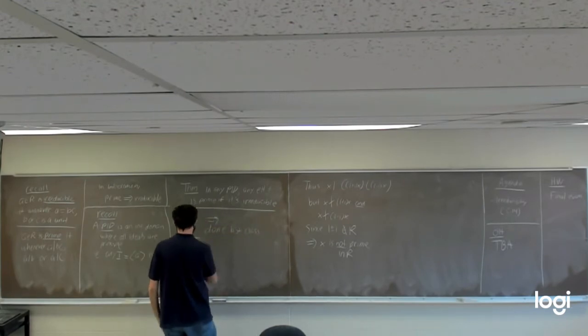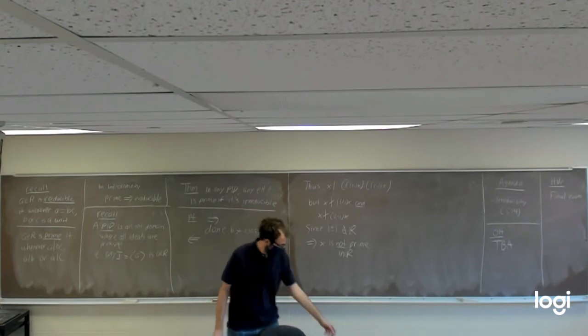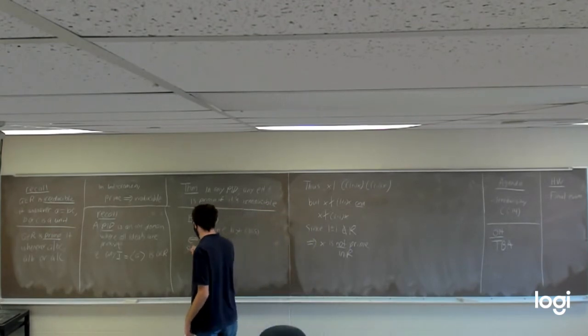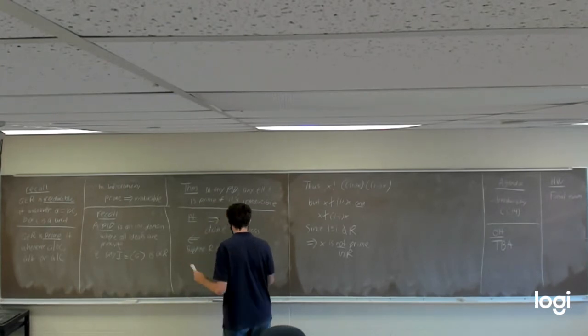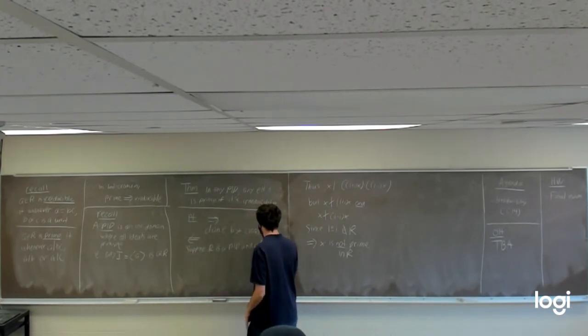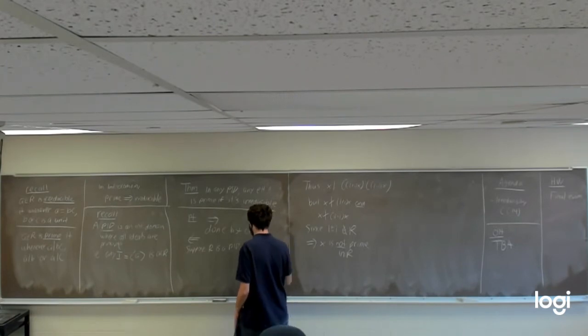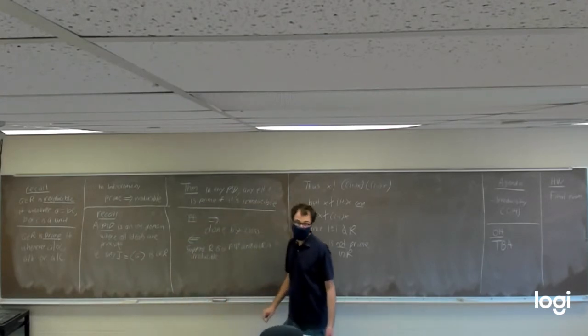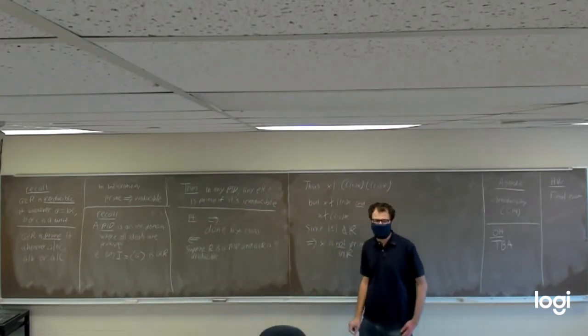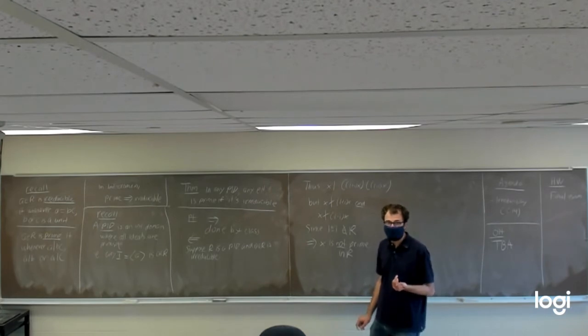Let's do that. So we're going to suppose that our ring R is a PID, and that element A is irreducible. And our goal is going to be to show that that element A has to be prime.